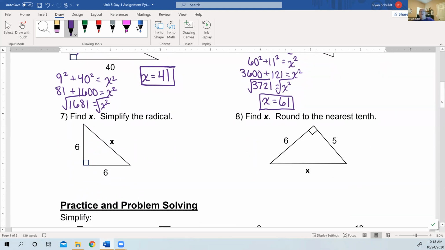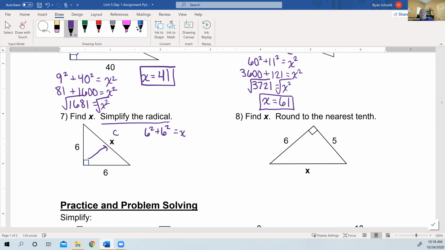Okay, number 7. We have to find x, yes, but notice they tell me to simplify the radical. Don't give me a decimal. Simplify the radical. So 6 squared plus 6 squared equals x squared.